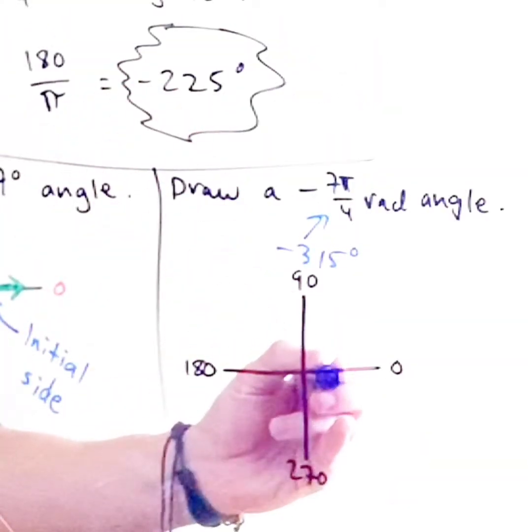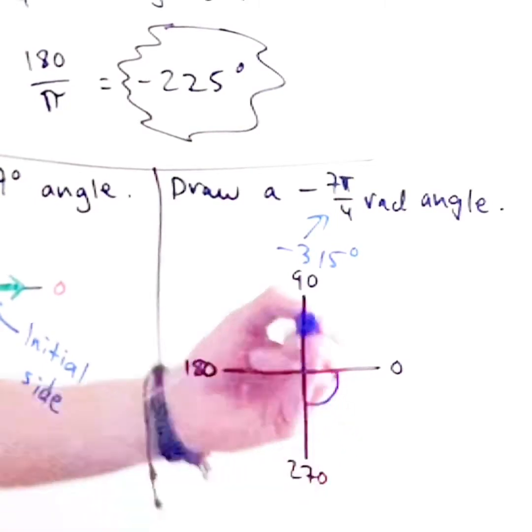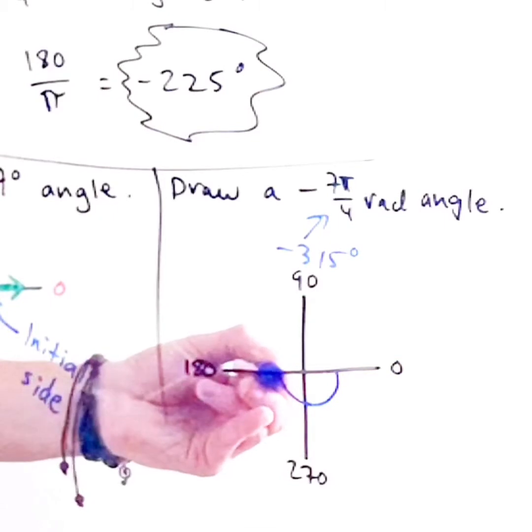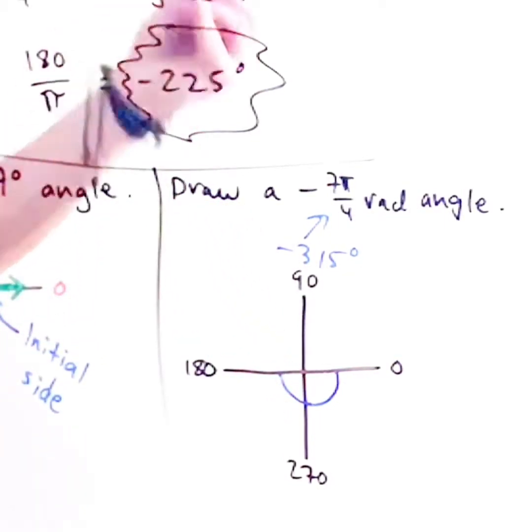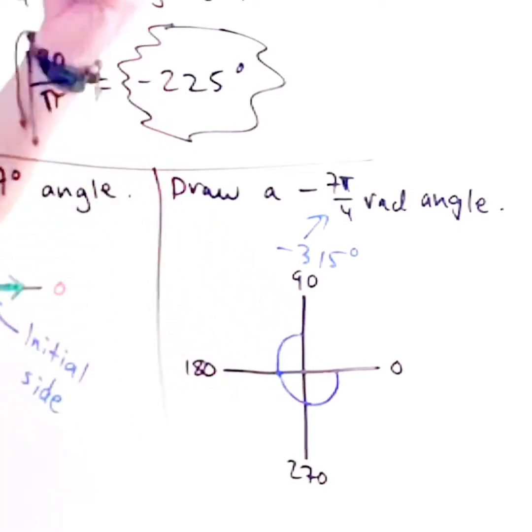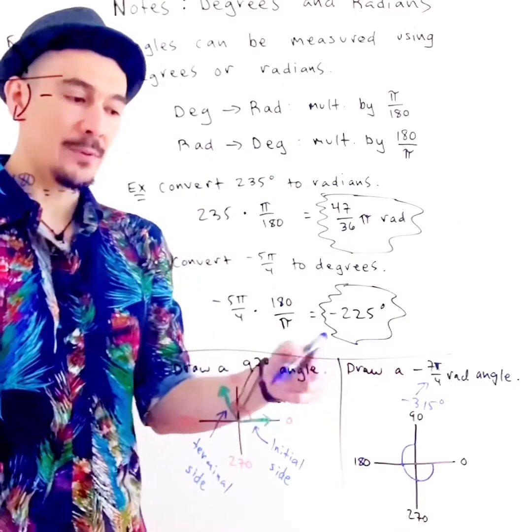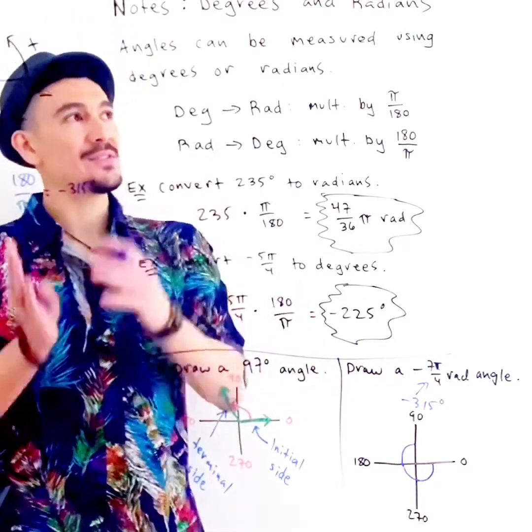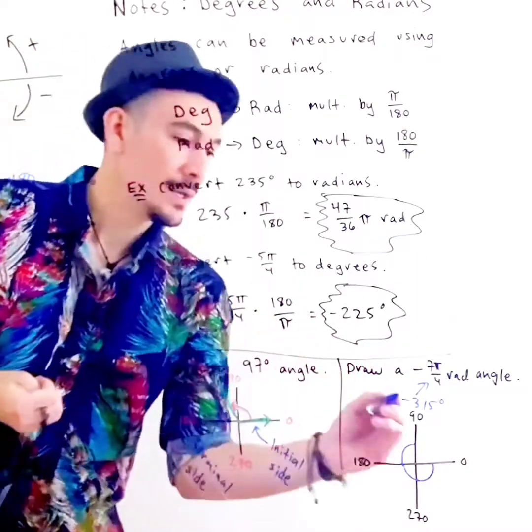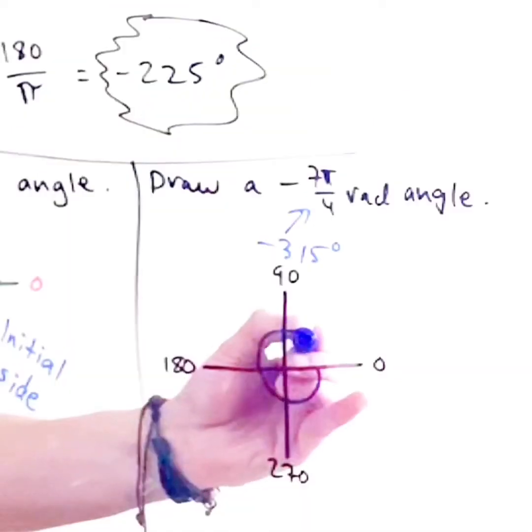So far, that's negative 90. If I continue, so far that's negative 180. And I keep going, that's negative 270, but I need negative 315. So from 270 to 315, that's 45 more. So I'm actually going to keep going until right there.